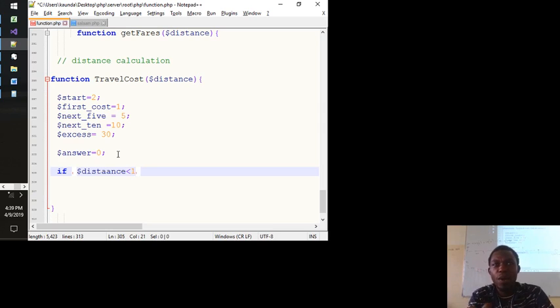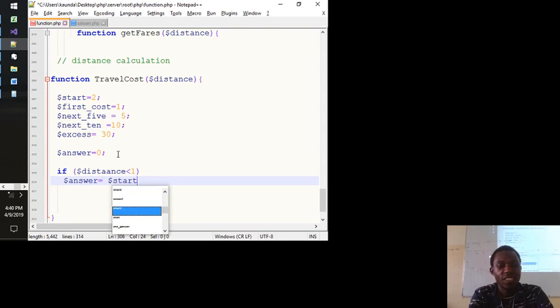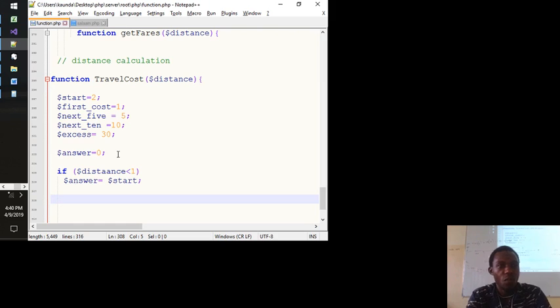If it's less than 1, then you say answer is equal to the fixed price. Once you get in the car, the 2 cedi there, you pay it.